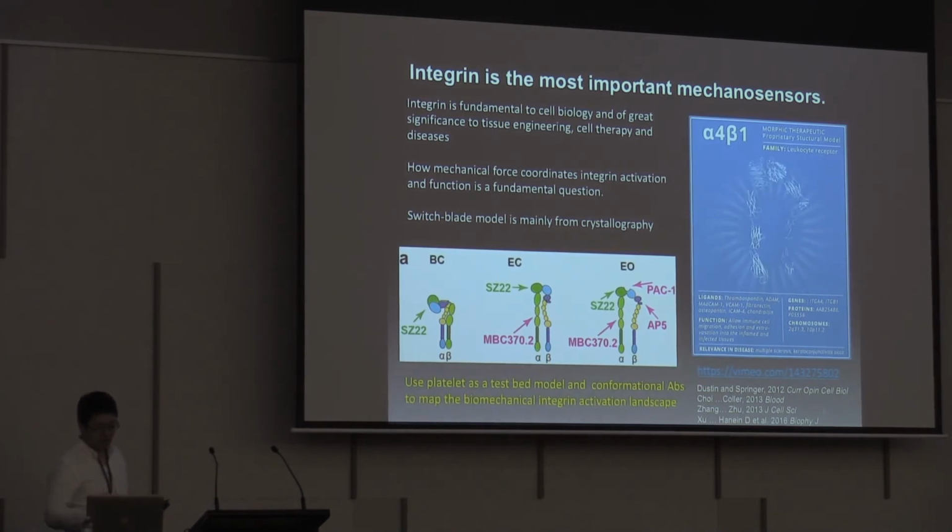The switchblade model is one of the famous ones, and most of this evidence comes from crystallography. In the last 5 years, very luckily for the field, a lot of antibodies have become available to pinpoint the different conformations of these integrins, allowing the field to apply these antibodies to look at and map integrin conformation in native environments.